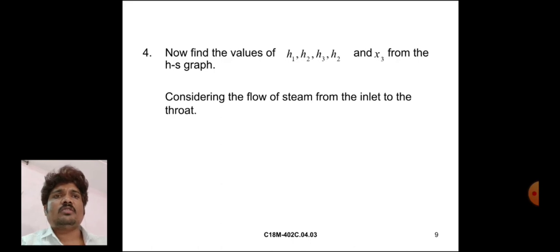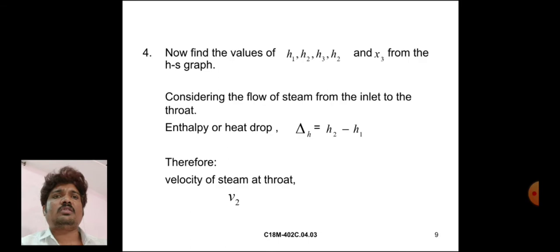Considering the flow of steam from the inlet to the throat, the enthalpy or heat drop is delta H equal to H2 minus H1.